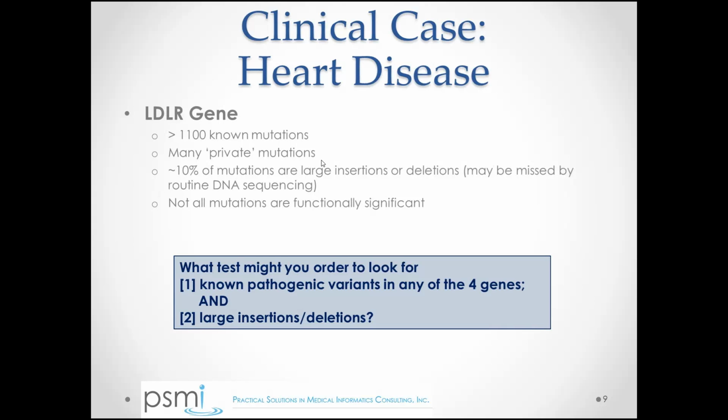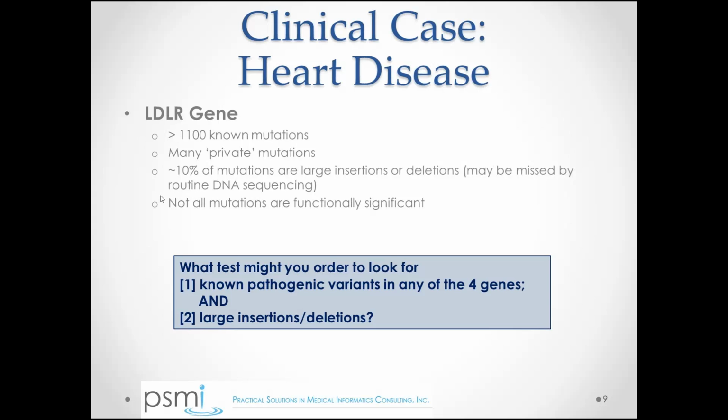It's seen within a particular family, and that same mutation is generally not seen in other families. So there are a lot of different private mutations, and as you might imagine, that might make searching for a particular mutation tricky, because if this patient has a private mutation, it might be a mutation we've never seen before. It's not going to be found in any public registry.